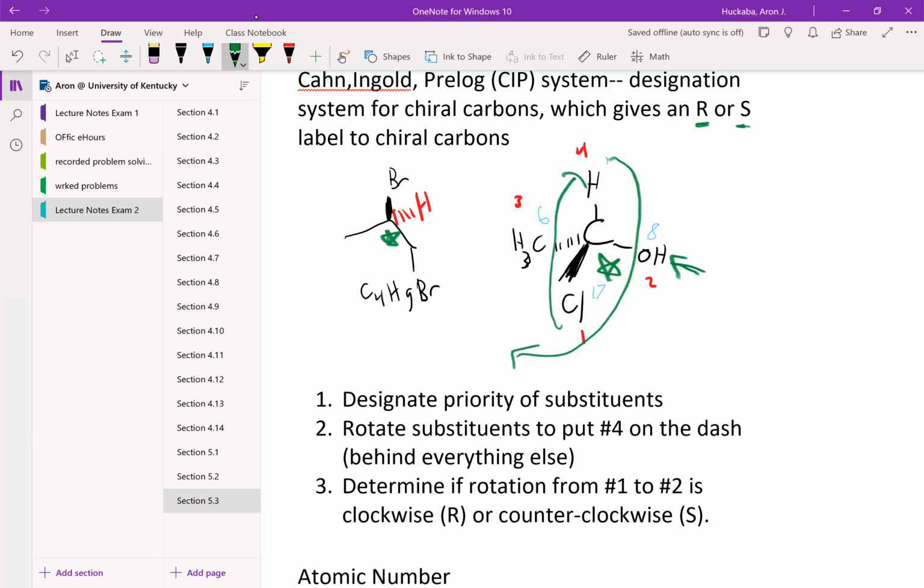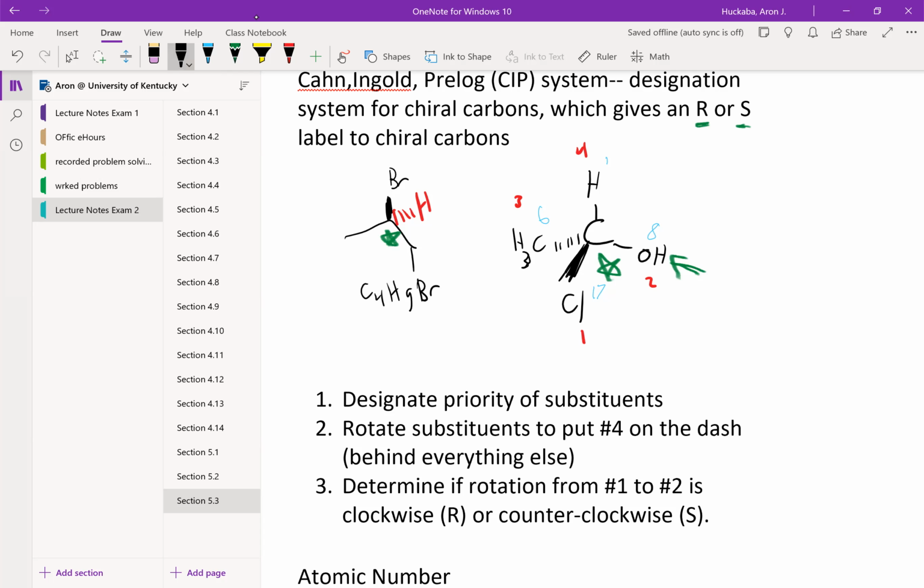Our goal is to get the hydrogen on the dash. And just as a little side note, that means that obviously we cannot hold the hydrogen steady, because if we hold it steady, then it will not move. I'll try and do a tutorial later with a molecular model kit. That way you can see this in action. But we're going to use our mind's eye in this case to do the rotation.